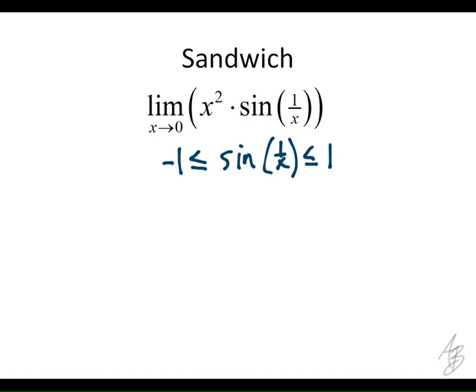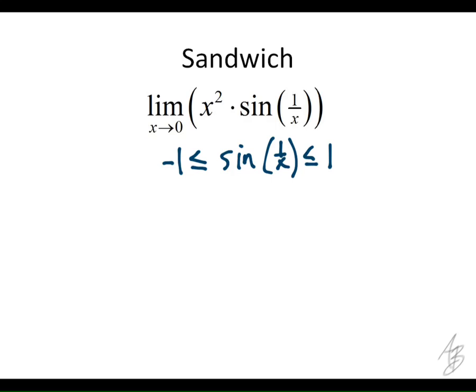Okay, so what we're going to do here is squeeze this function in between two other things. I know that the sine of 1 over x is always between -1 and 1. All right, so if I multiply everything here by x squared, and x squared is always going to be what? Positive or negative? Or could it be either? Could x squared be negative?